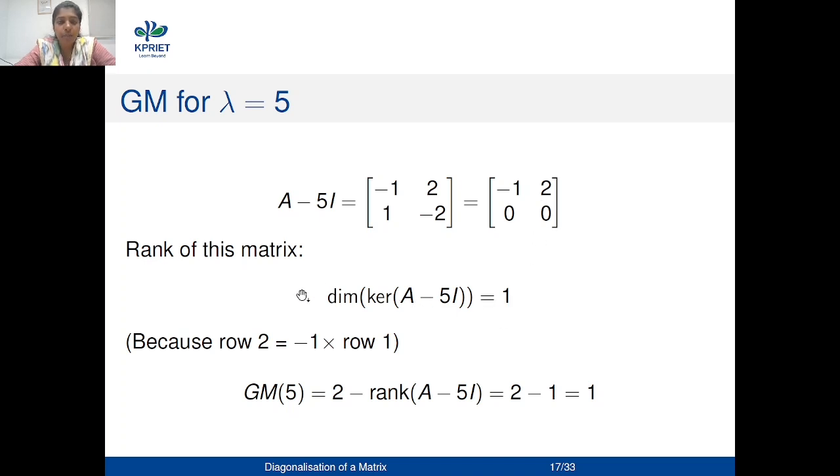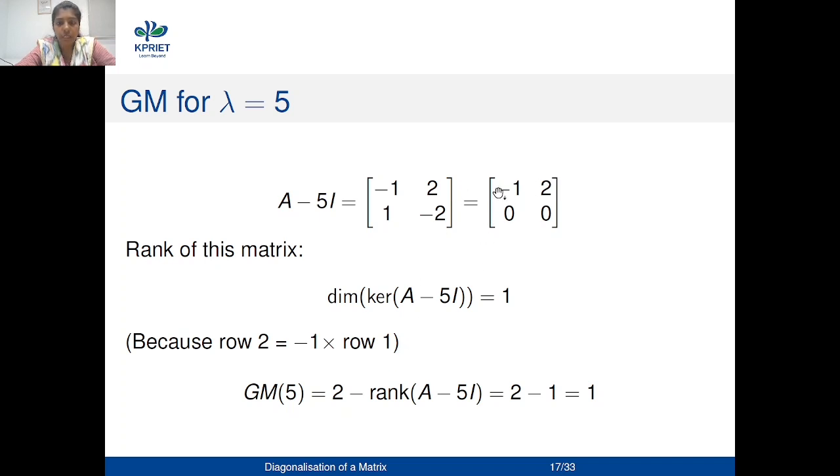Or else I can find this geometric multiplicity in another form. This is another formula. So the geometric multiplicity of the eigenvalue 5 can be denoted by 2 minus rank of A minus 5I. This 2 is nothing but the dimension of the original matrix, and the rank of A minus 5I is nothing but the number of linearly independent rows, or I can say the number of rows that are not completely 0.